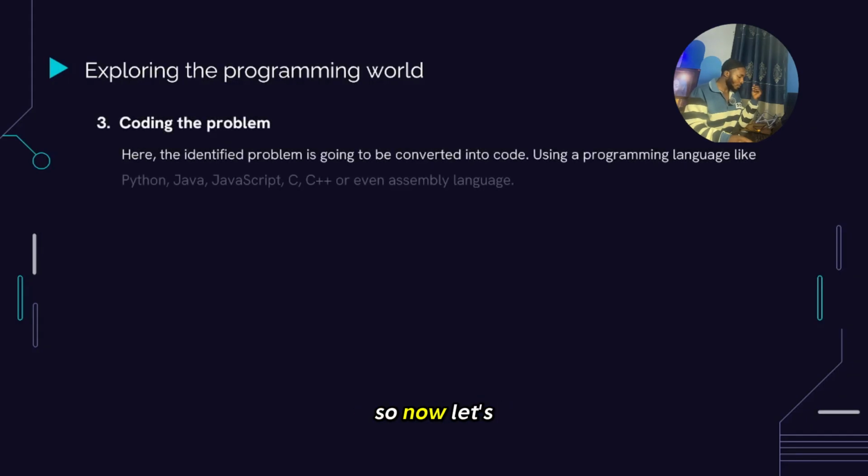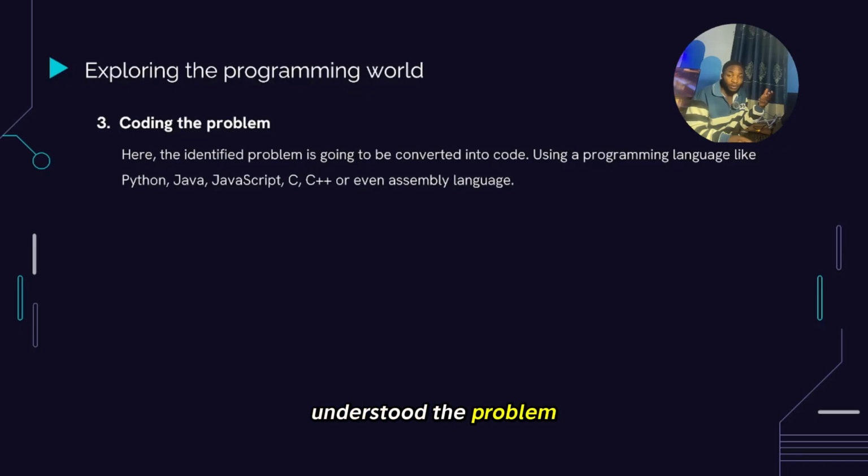Now let's go to the next step, which will be coding the problem. After you have identified your problem, understood the problem, and planned the logic, the next step will be coding.